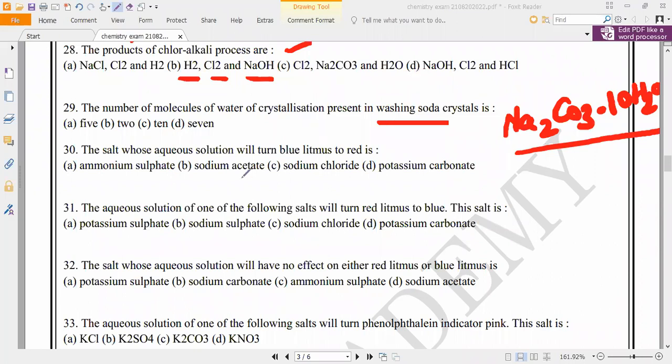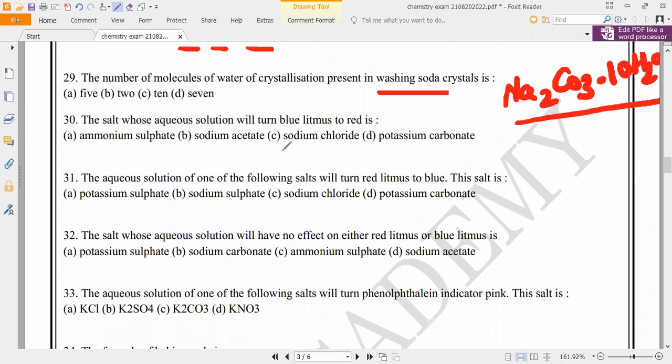Okay. Next, the salt whose aqueous solution will turn blue litmus to red. Ammonium sulfate. What is the formula of ammonium sulfate? NH4SO.